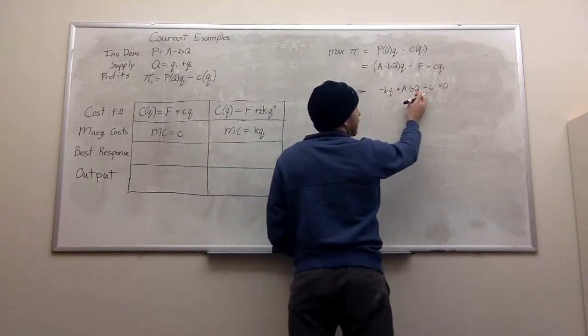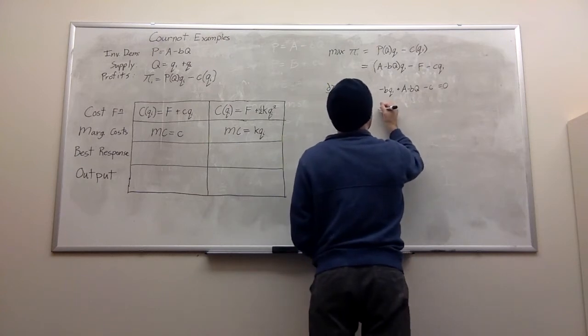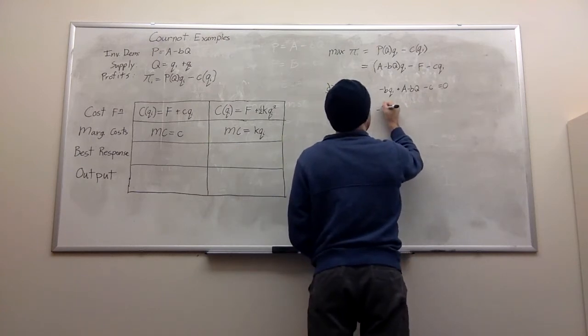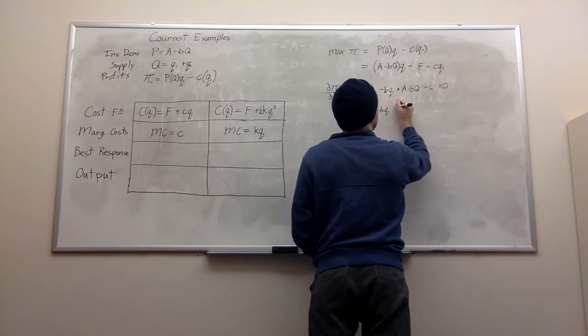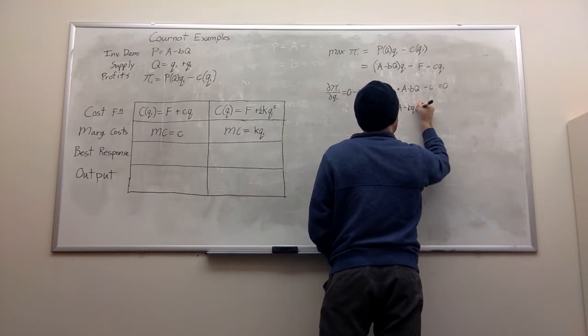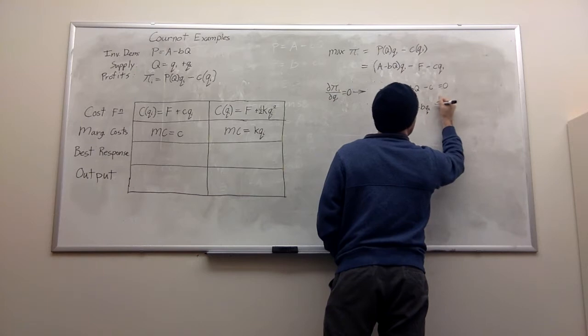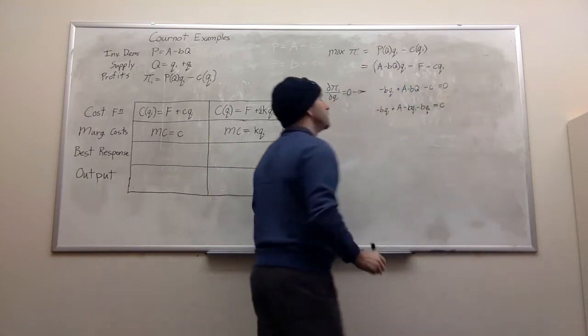Now I'm going to expand this out and add this to the other side. So we have minus b q1 plus a minus b q1 minus b q2 equals c. Right?